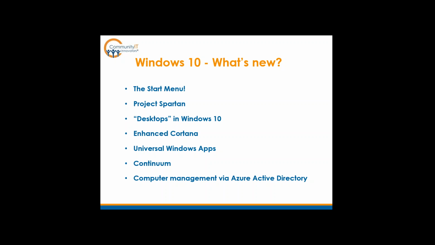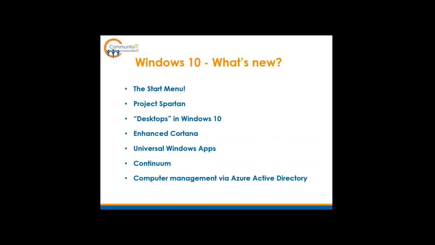Now that's coming to Windows. They've enhanced Cortana, so that's the Microsoft personal assistant. So you can ask it questions, and then she'll go out and find the answer. Right now, Cortana is going to be focused primarily on searching things on the internet and on your computer. It looks like in the future you can ask Cortana how to do things in your Excel spreadsheet, and she'll help you out.